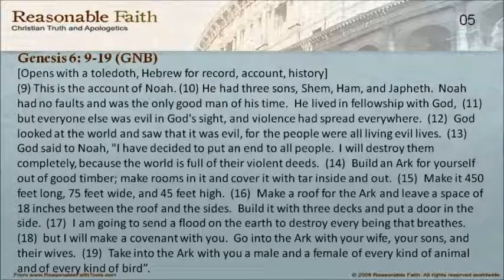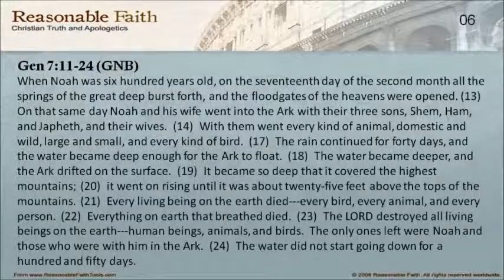And jumping to Genesis 7, verse 11. When Noah was 600 years old, on the 17th day of the 2nd month, all the springs of the great deep burst forth, and the floodgates of the heavens were opened.